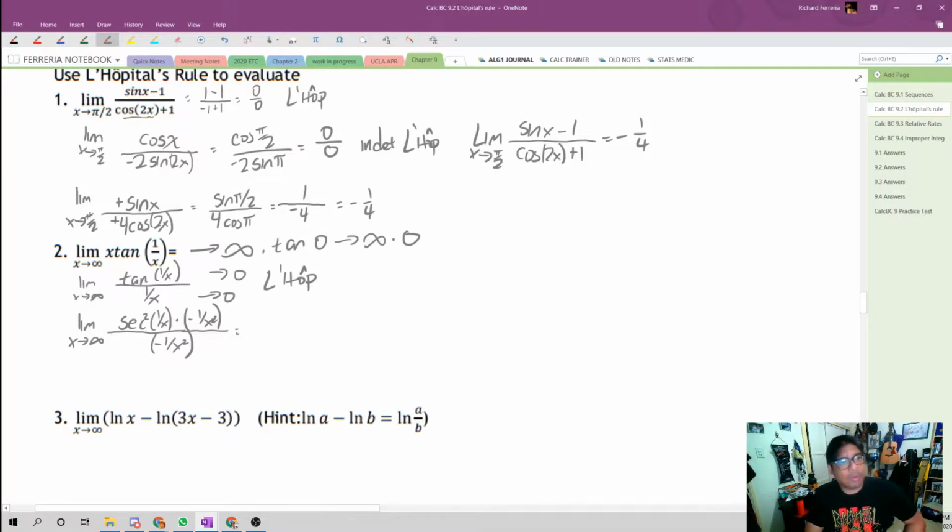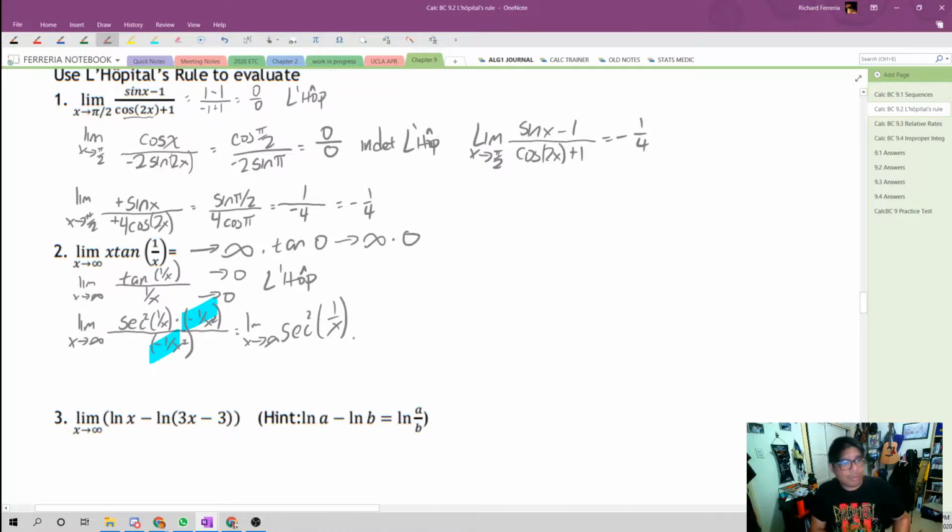The derivative of 1 over x is negative 1 over x squared. And the derivative of 1 over x on the denominator is also negative 1 over x squared. You will see those cancel. And then this is equivalent to the limit as x approaches infinity of secant squared 1 over x.